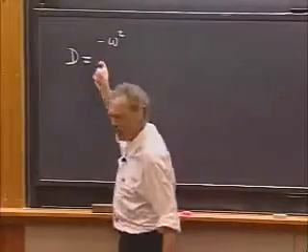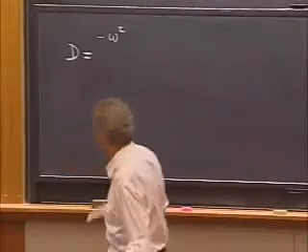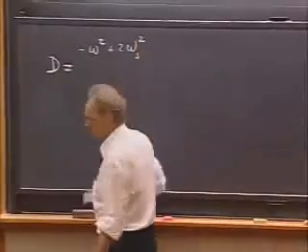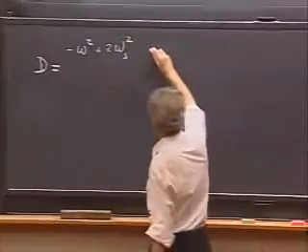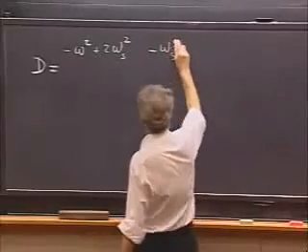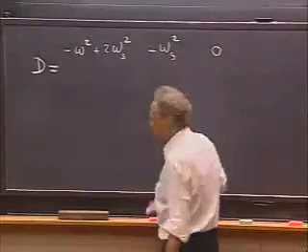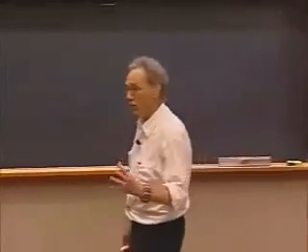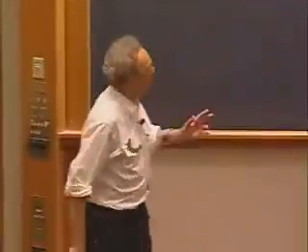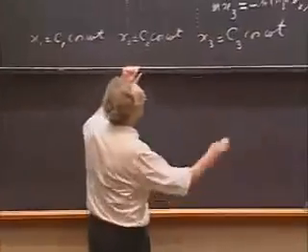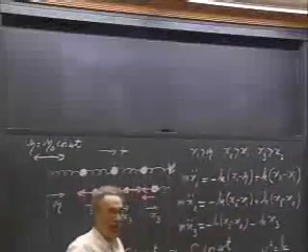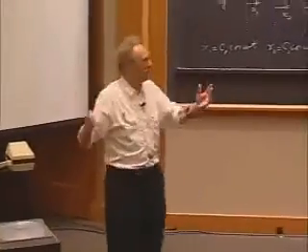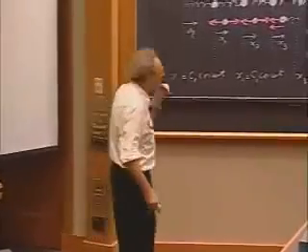You always get that minus omega squared out. And you get plus 2 omega s squared. Then you get in the second column minus omega s squared. And in the third column you get a 0. No surprise that you get a 0 in the third column, because the first differential equation has no connection with x3 at all. And so you never see anything in the third column that will be a 0.